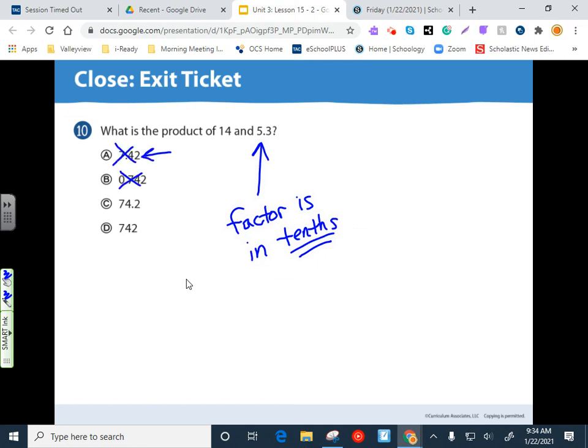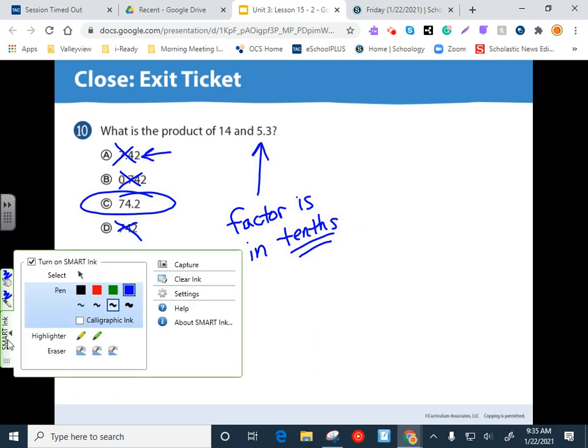This is in thousandths. This is whole numbers, and this one is in tenths. So I know that that would be the answer. If we actually solve that out, it would be 74.2. But again, I want to illustrate that if one of your factors is a decimal, your answer must be in the same place value as that factor, which would be tenths here. So saved us some work.